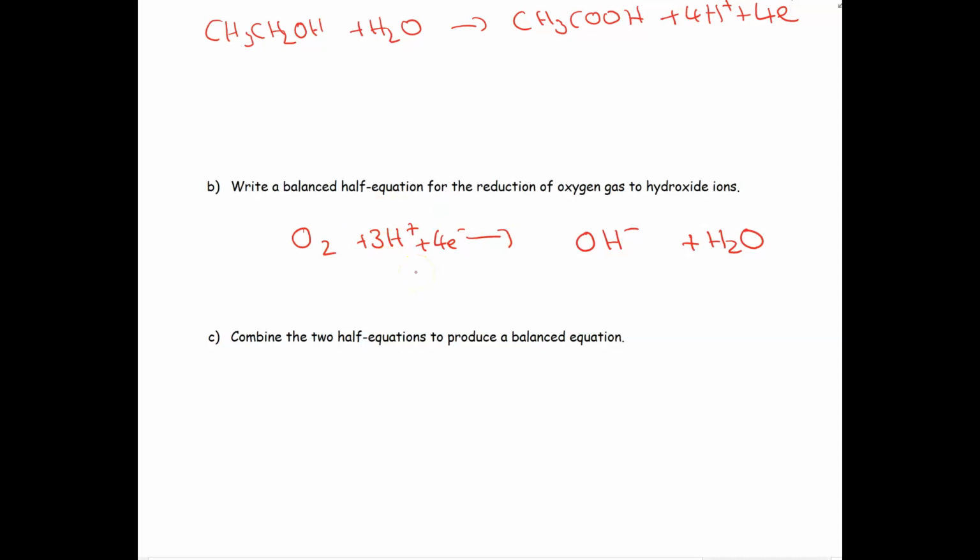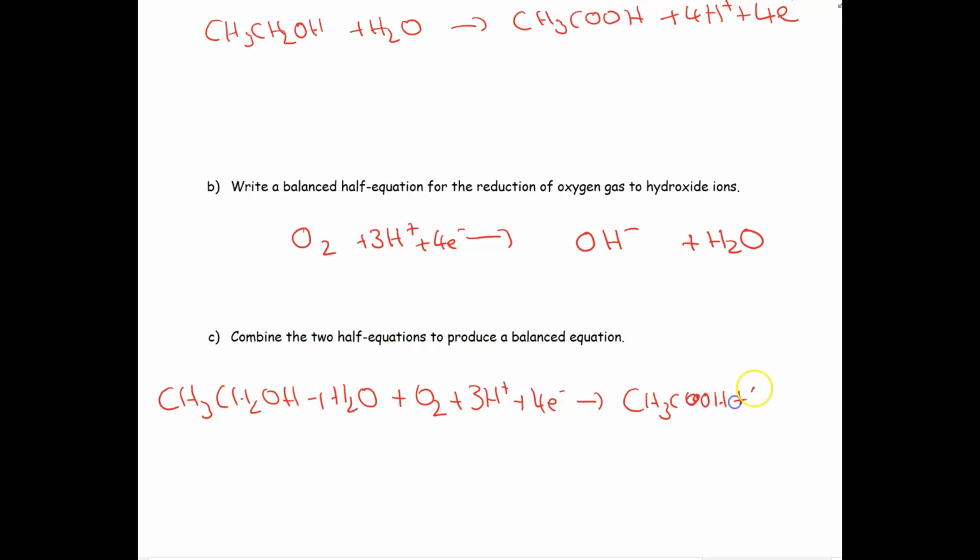Combine the two together. CH3CH2OH, plus water, plus oxygen, plus 3 hydrogen ions, plus 4 electrons, goes to ethanoic acid, plus 4 hydrogen ions, plus 4 electrons, plus hydroxide ions, plus water.